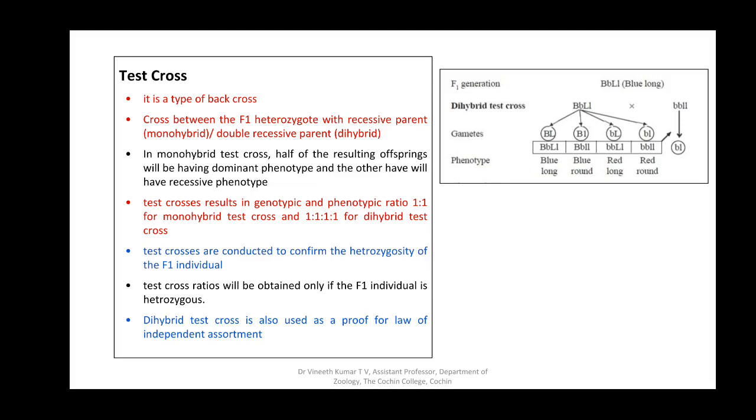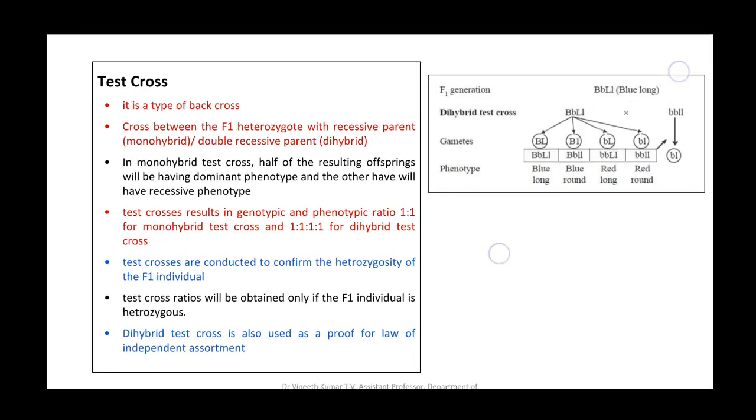In a monohybrid test cross, half of the resulting offspring will have the dominant phenotype and the other half will have the recessive phenotype. And if you are moving on to a dihybrid test cross, you can see it clearly here. This is an example of a dihybrid test cross.